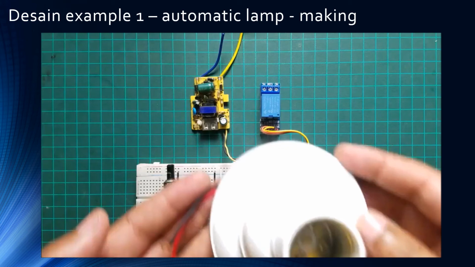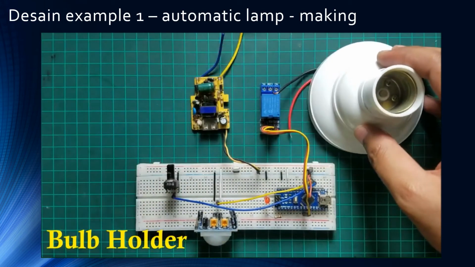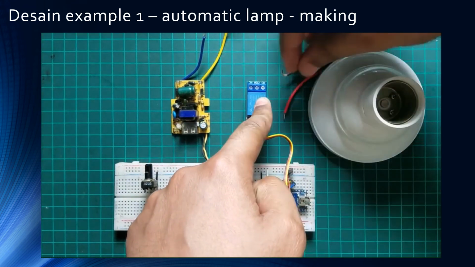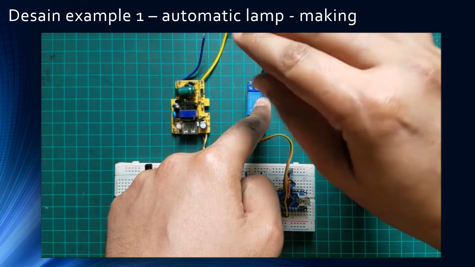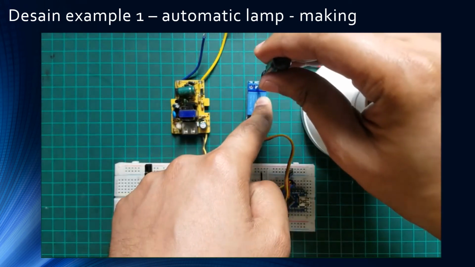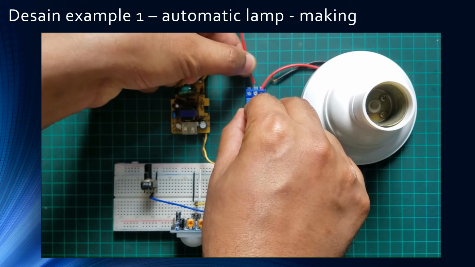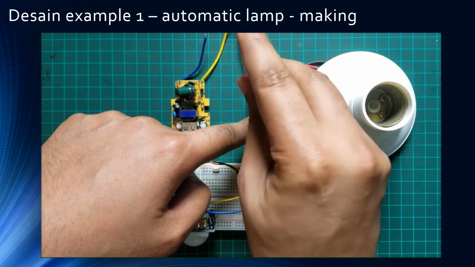This is an example, a video on how to make the automatic lamp. Okay, you can see here. So this is the fitting for the lamp, the bulb. You need to connect to the normally open. You can see NO in there, and then in the middle there is the common. The most left is NC, normally closed. We don't need that terminal for now.